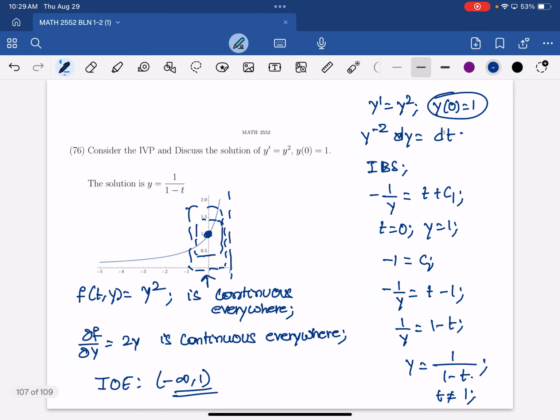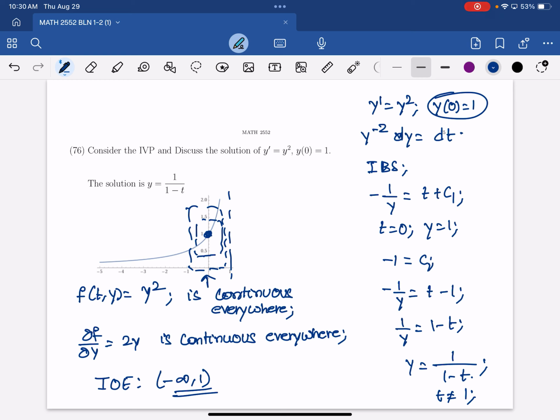Yes. If partial f partial y is not continuous, then this theorem is not valid. Okay, that's a hypothetical scenario. If partial f partial y was not continuous on a rectangle that includes the initial value, then the theorem cannot be applied.